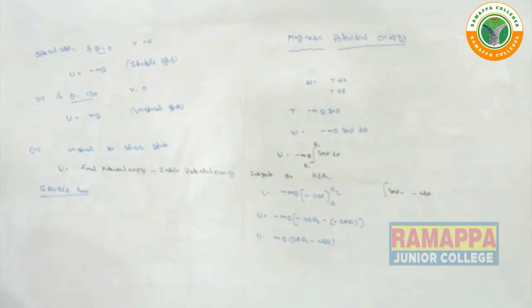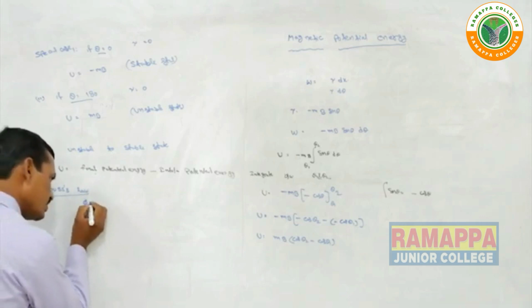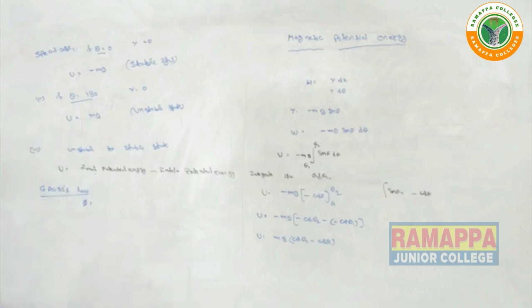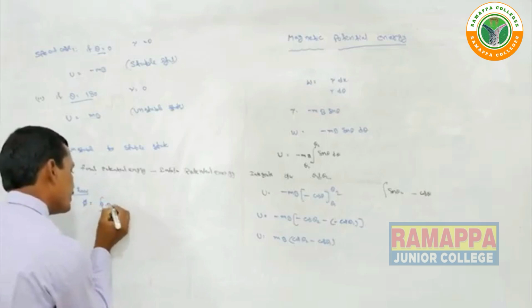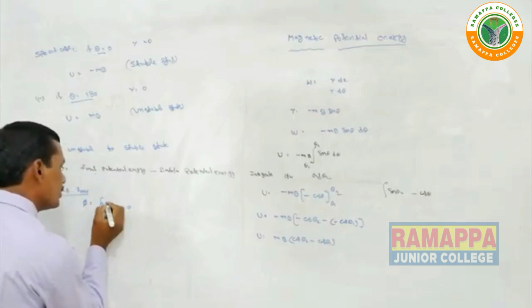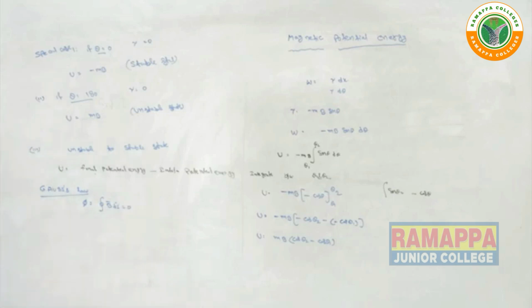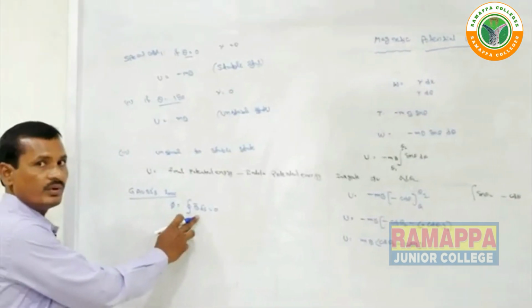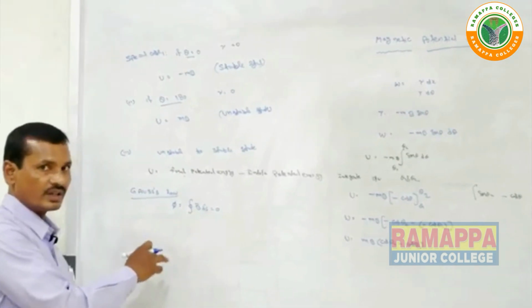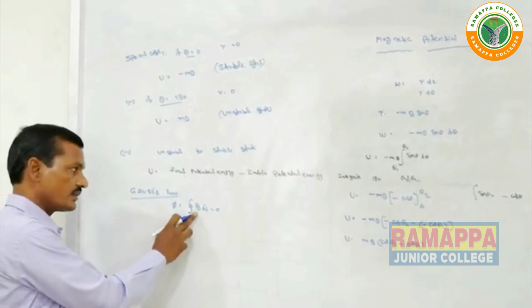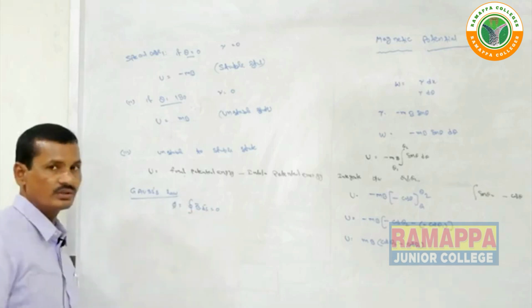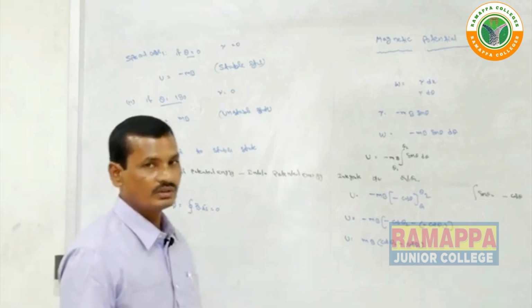It can be written like this: magnetic flux phi is equal to the integral of B into ds, that is equal to 0. In vector form, phi is equal to the closed integral of B bar into ds bar, that is equal to 0. We have to remember this.